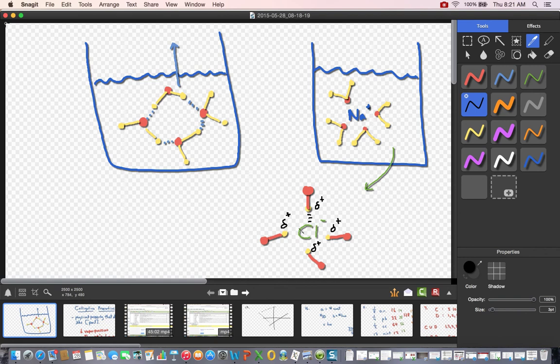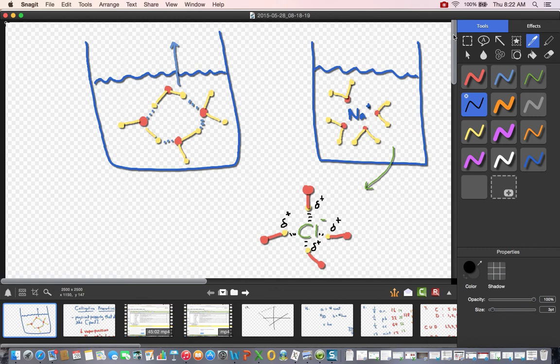These IMFs have to be broken as well, which means at a given temperature, I'm going to lower the vapor pressure because there's more IMFs. Recall that vapor pressure is really the way we measure how significant IMFs are. The more significant they are, the lower the vapor pressure is going to be. And the lower the vapor pressure is, the higher the boiling point is going to be. So the molecular level explanation of half of our colligative properties is intermolecular forces.